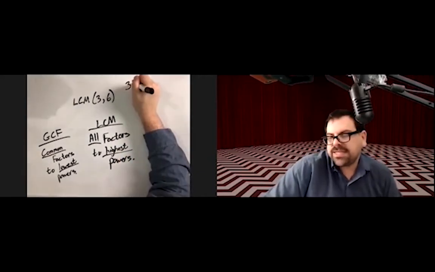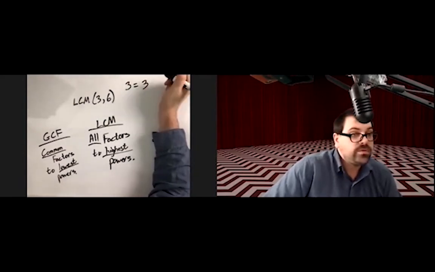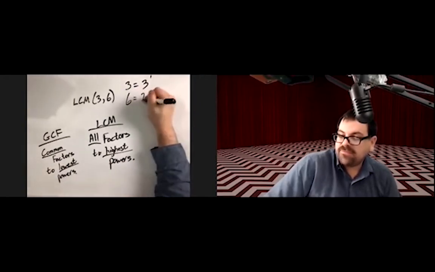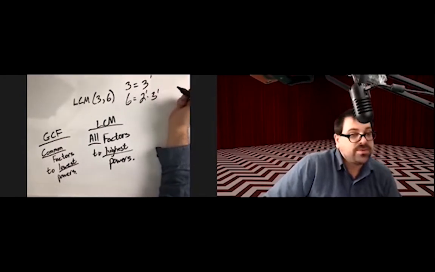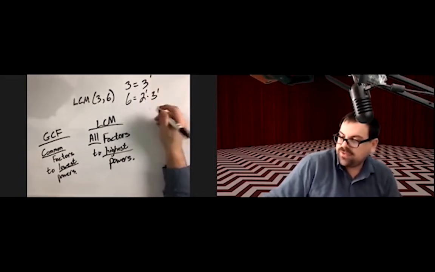So 3, its prime factorization is just 3, 3 to the first. 6, its prime factorization is 2 times 3, or 2 to the first times 3 to the first. So every factor we would have, we have a 2 and we have a 3.